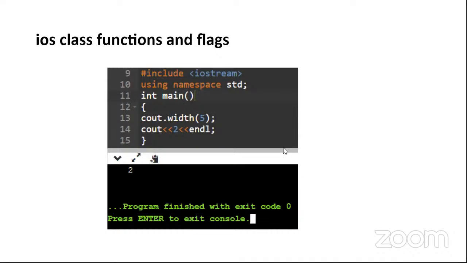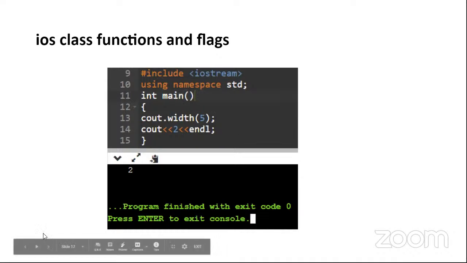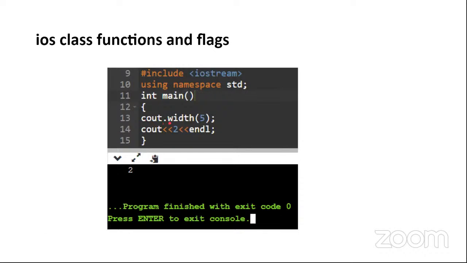So ios class functions and flags. Here we can see these functions can be called in this way: cout dot the function name and its argument. So cout.width will right align the value specified in cout.